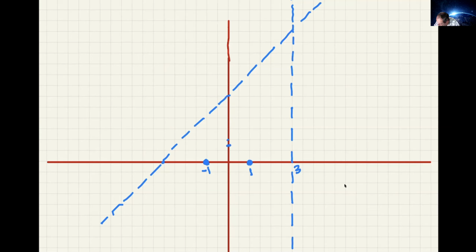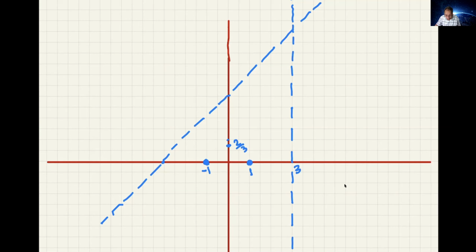This is the y-intercept. Okay, so I have x-intercept, y-intercept, x-intercept. I have 2 x-intercepts, 1 y-intercept, 1 vertical asymptote, and 1 slant asymptote. I don't have a horizontal asymptote. And the function does not cross the slant asymptote.